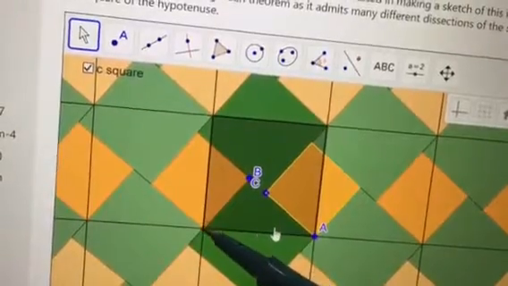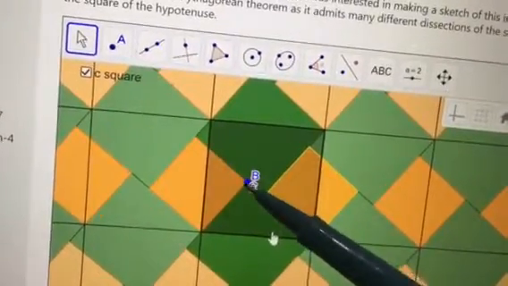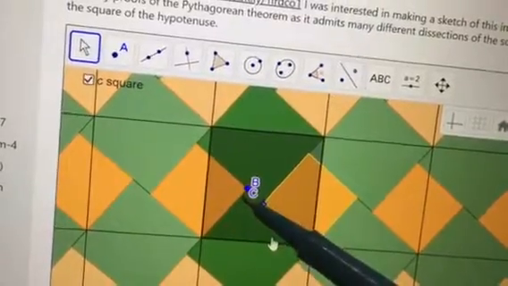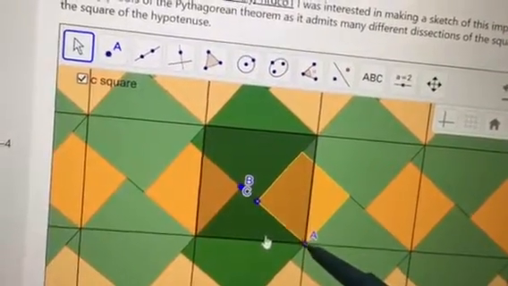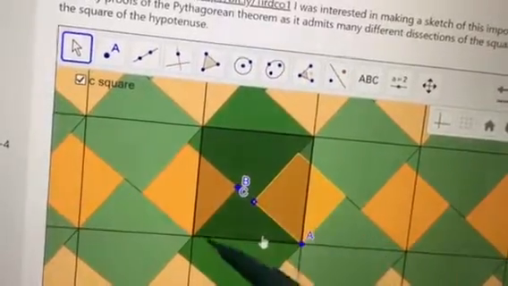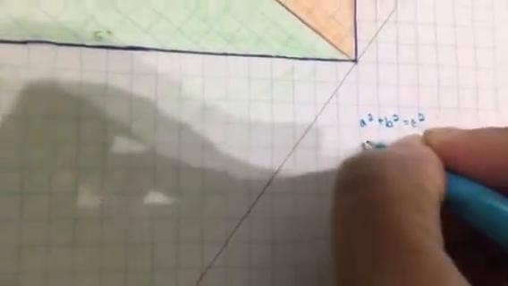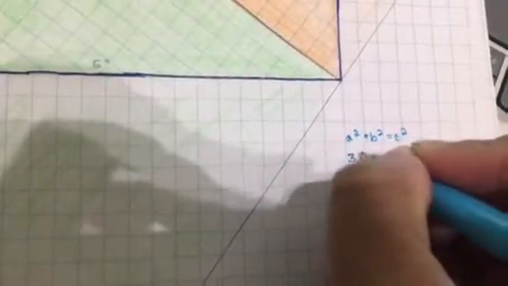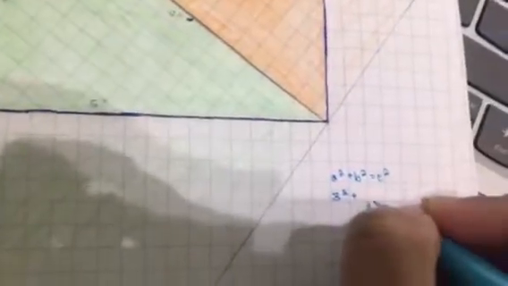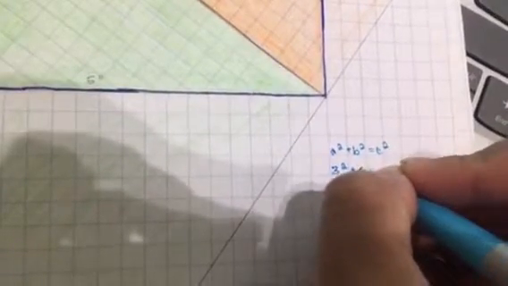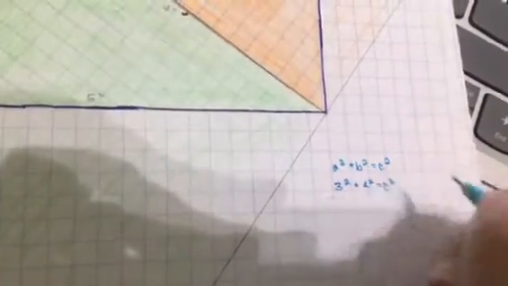So this square, 3 squared, plus b squared equals c squared, looking at this triangle. So let's do the math. So we know we have 3 inches. So let's plug in 3 squared plus b squared, which is 4 squared, equals c squared.